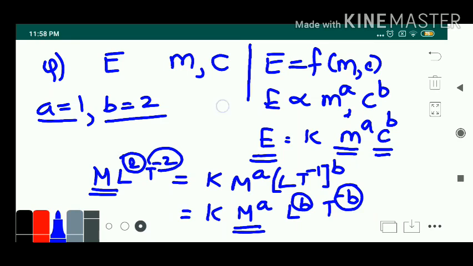Now substitute these values in this equation. That means E's equation becomes K into M raised to A, where A becomes 1 and B becomes 2. So what is this expression?